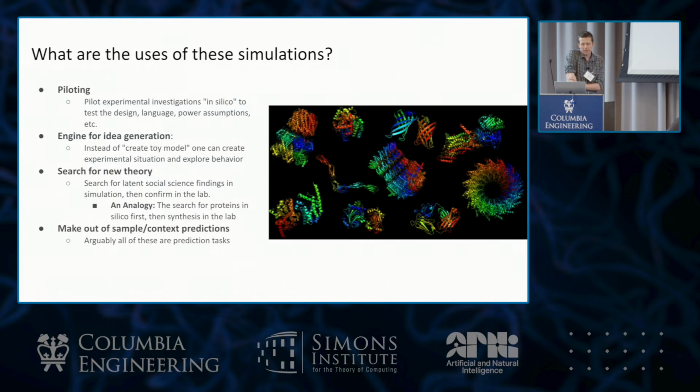I think it is possible that there are latent social science findings that the models have essentially learned and that we could discover through this mechanism, but this is more speculative, and I haven't seen anyone do this yet. That being said, there have been some papers now of people simulating experiments that couldn't possibly have been in the training corpus and matching up what happened through this approach.